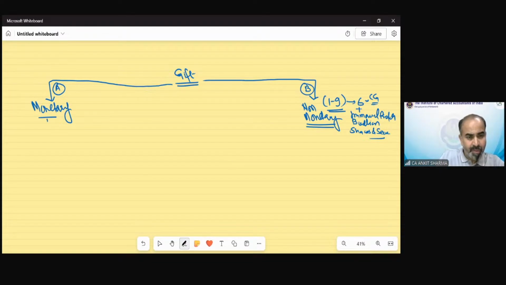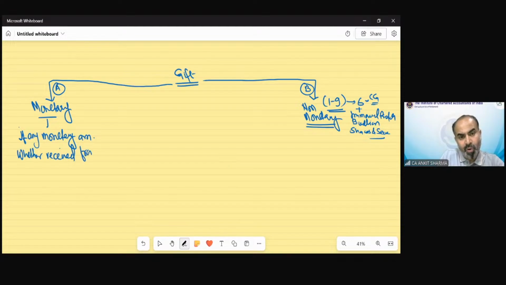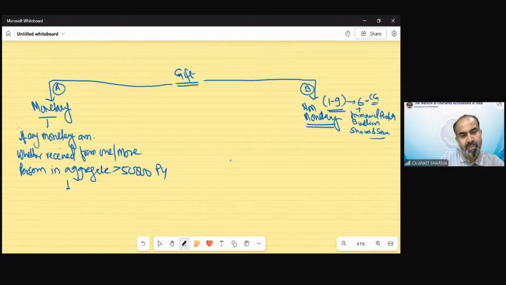It says if any monetary amount, whether received from one or more person, in aggregate exceeding 50,000 in previous year, then whole amount will be treated as income from other source.